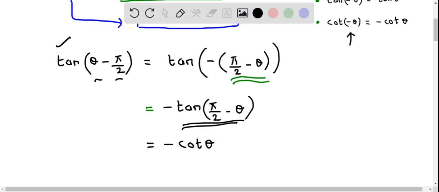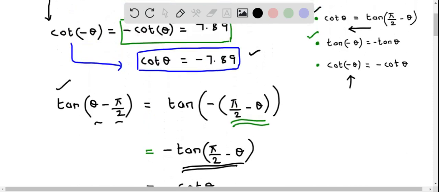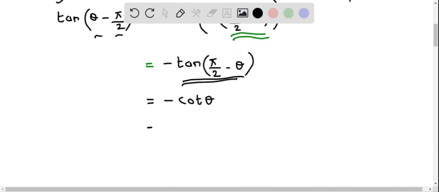So we have written this expression, tangent of theta minus pi by 2, as basically equal to negative of cotangent theta. We already rewrote the given information, cotangent of negative theta, as cot theta equals negative 7.89. So we now replace cotangent of theta with negative 7.89.